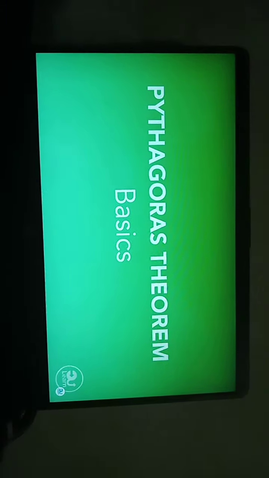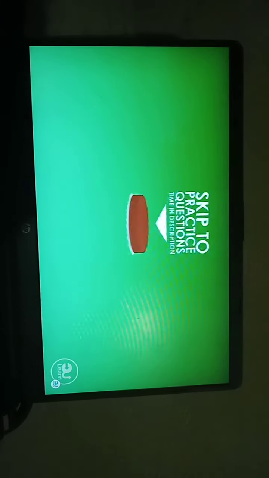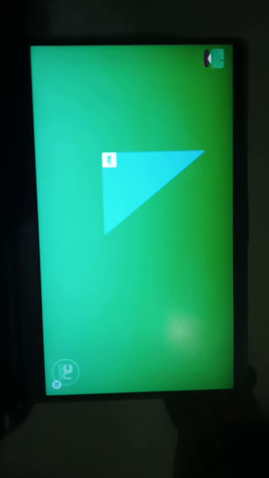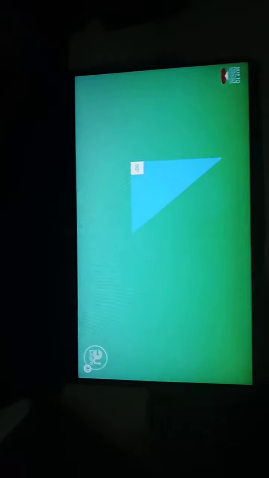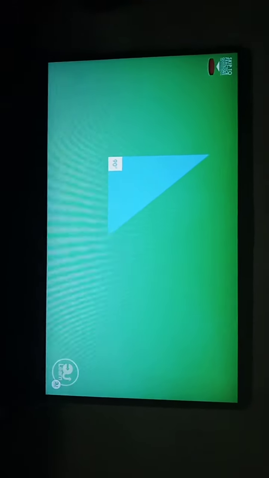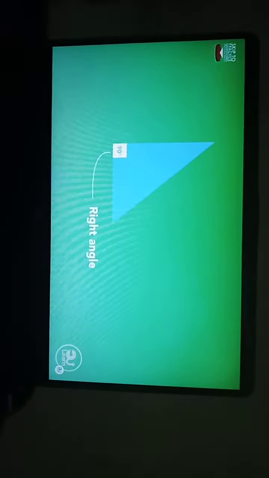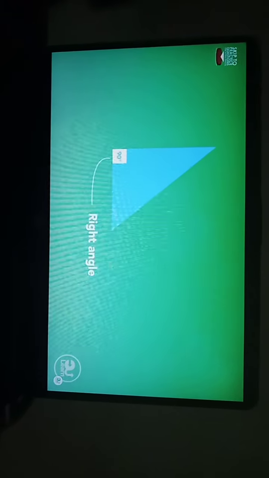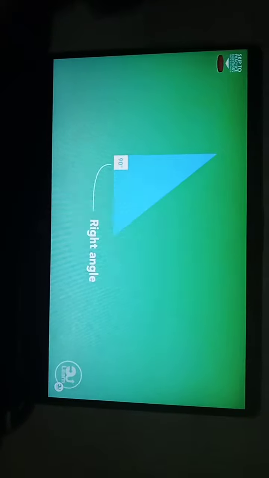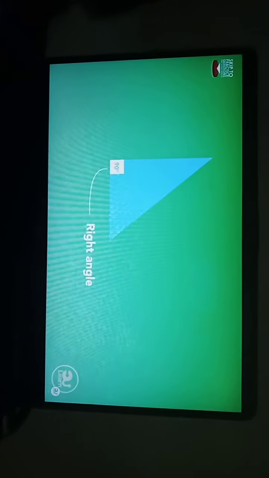Pythagoras theorem. Pythagoras theorem is a topic that requires a bit of knowledge about a right-angled triangle. As we can see, a right-angled triangle always has a right angle, obviously, but this reveals a specific element linked to every right-angled triangle.